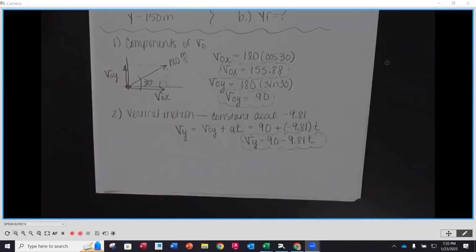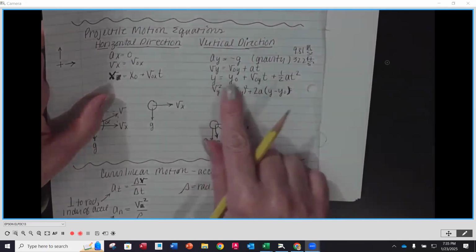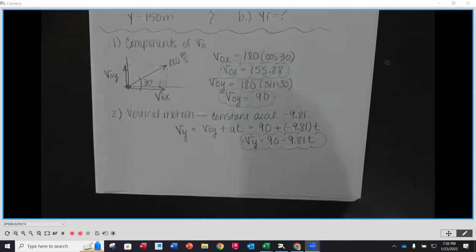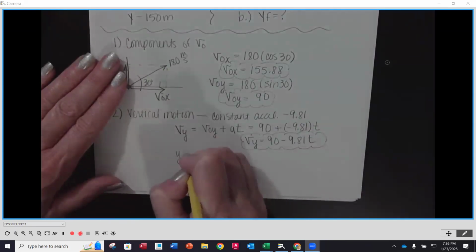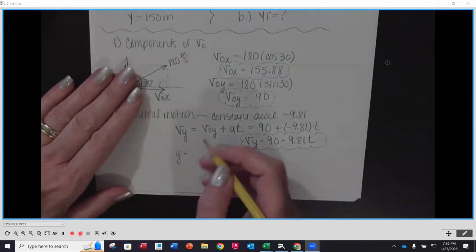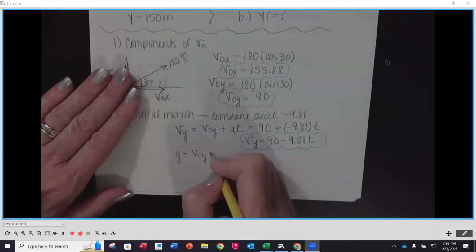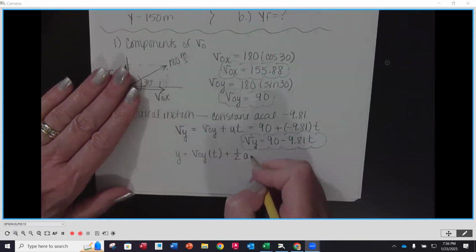Okay, so that's our first equation. So we did the velocity in the y direction as a function of time. Now we're going to get the y distance as a function of time and velocity. So for this one, y is going to be equal to the velocity original y times t plus 1/2 the acceleration of gravity times time squared.